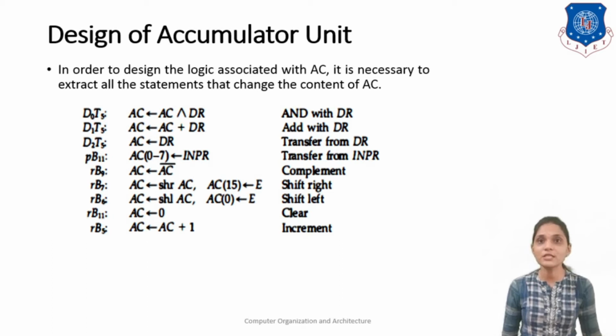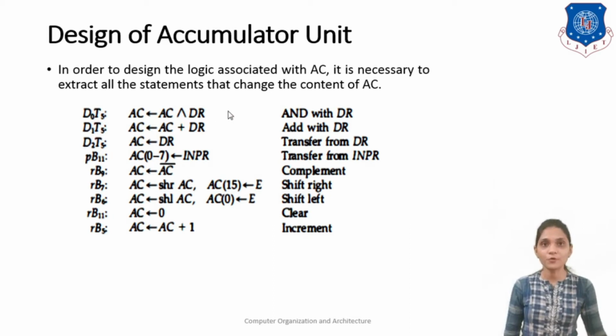And for this, the conditions are like, for memory reference instructions you have D0 T5, D1 T5 and D2 T5. This D0 T5 is for ANDing operation, D1 T5 is for addition operation and D2 T5 is for loading operation. For the IO reference instruction you have the condition p B11.